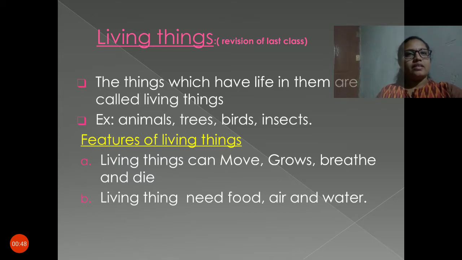The things which have life in them are called living things. If you observe your surroundings, you can tell which thing has life, which can move, which is breathing, which can react.